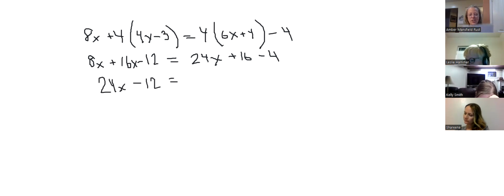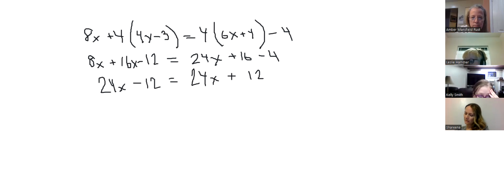Okay, equals 24x plus, then you can put the 16 and minus 4, which makes it 12. 12. Okay, and then what?